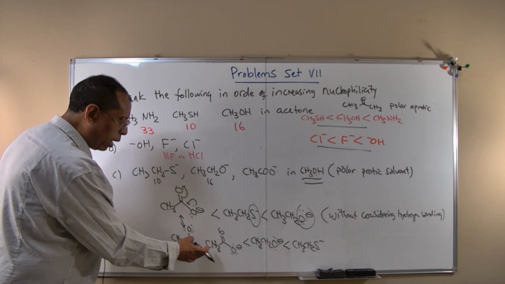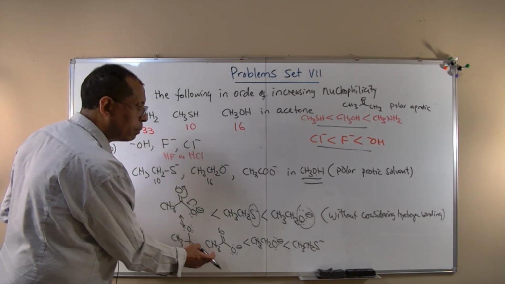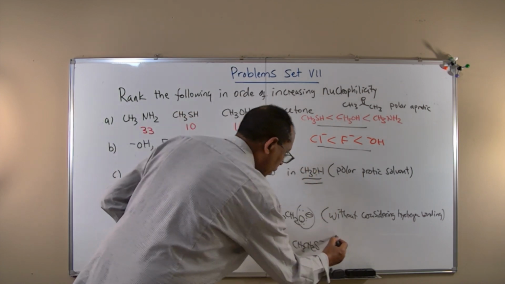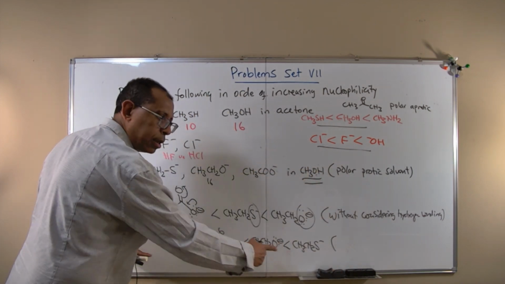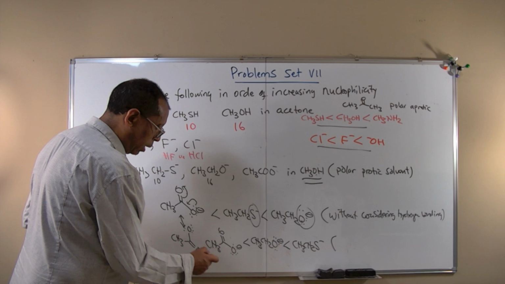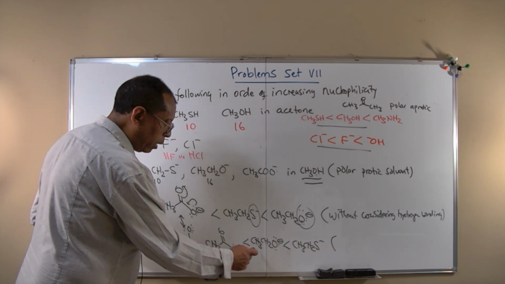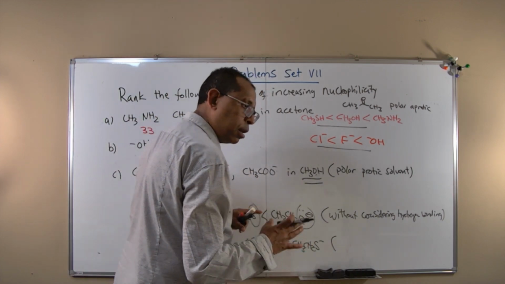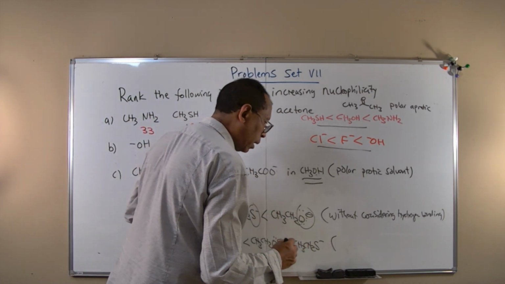But in polar protic solvent, like what we are given, the answer would be the last one. So it's acetate anion, followed by ethoxide, followed by the sulfide. The sulfide is the strongest nucleophile in this case.